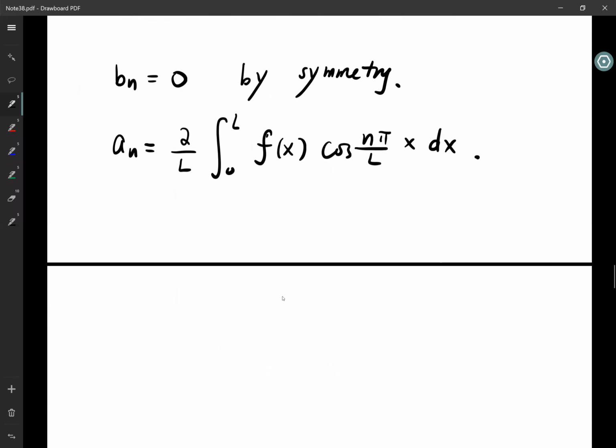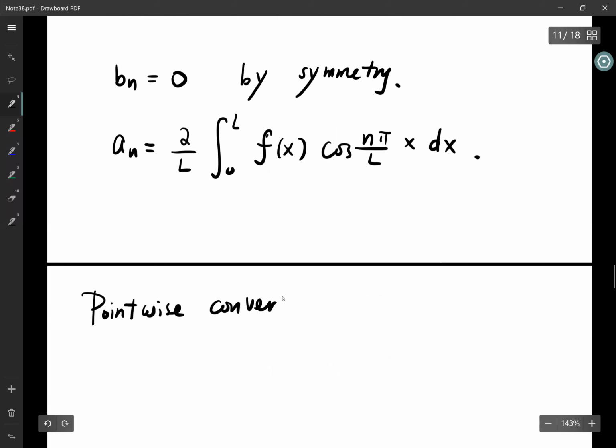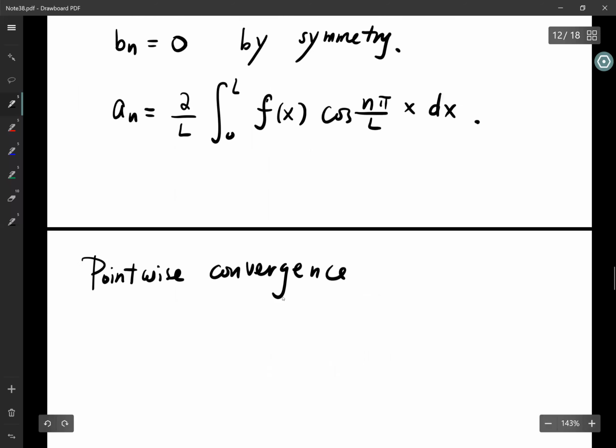Second, I want to talk about the pointwise convergence. Last time, I assumed that the derivative of f exists. And so f is continuous everywhere, but the derivative is piecewise continuous.